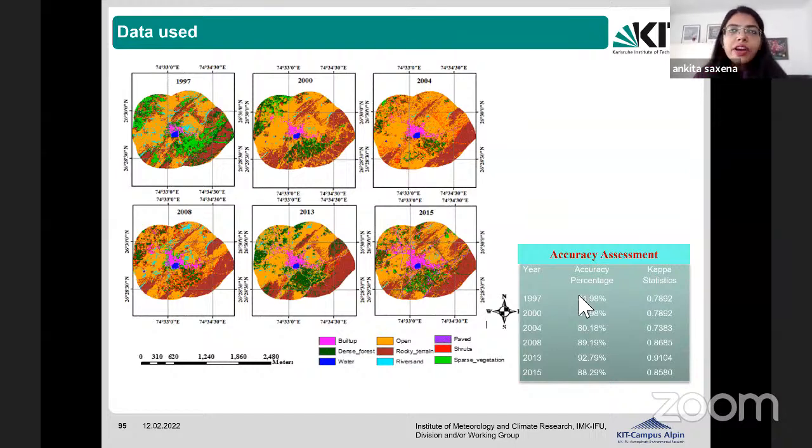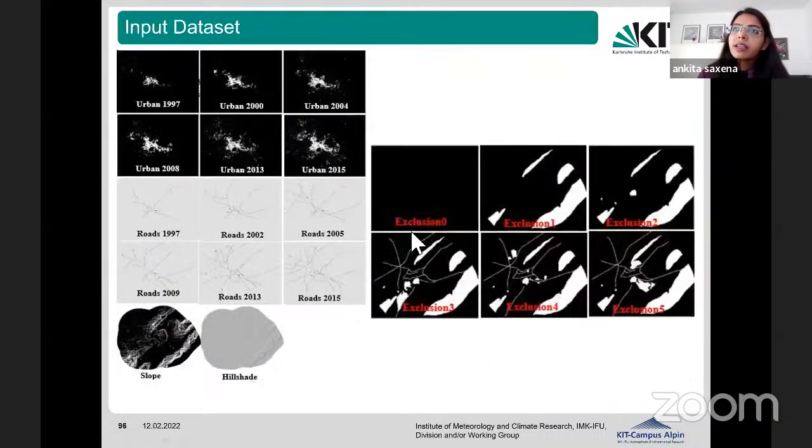We tried to include different scenarios in the form of exclusions, as I was discussing; exclusion is the thing that can include different factors like water bodies, green areas, and other things. These hypothetical scenarios, exclusion 1, 2, 3, 4, 5, 6, consider different things like preserving a forest area, water body, and road networks.